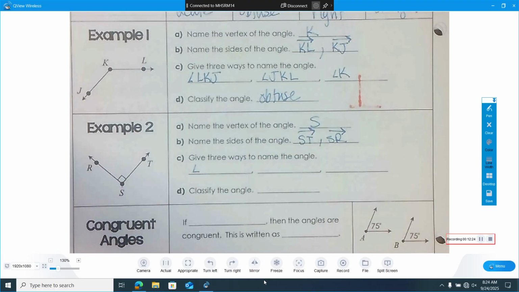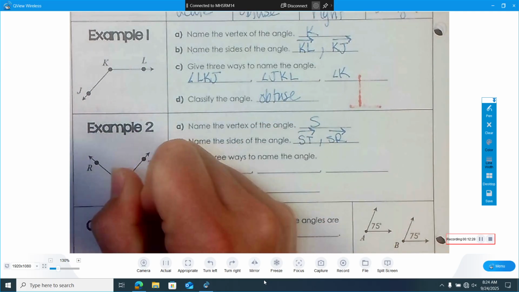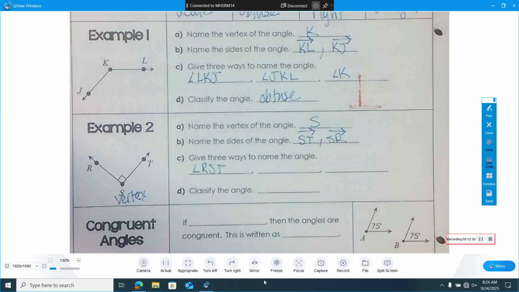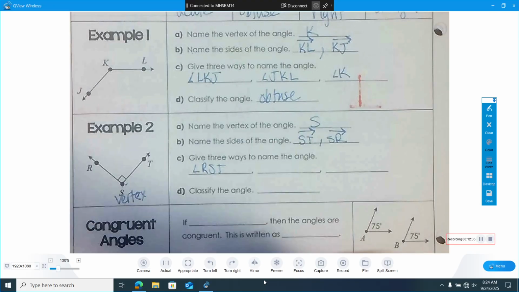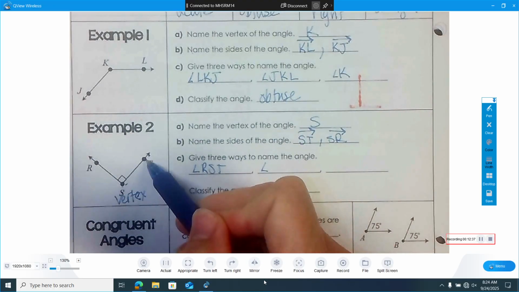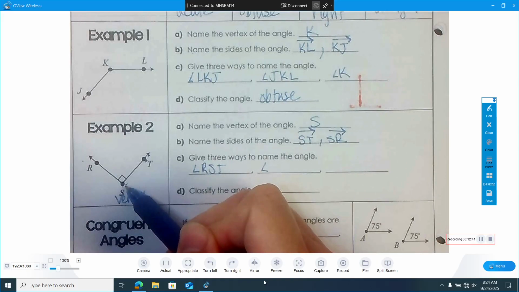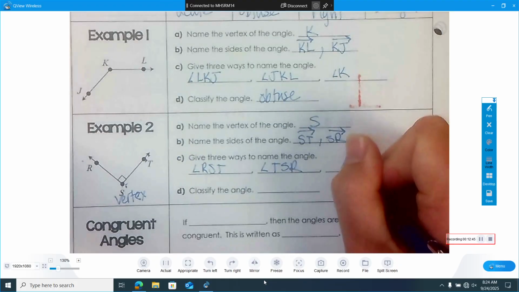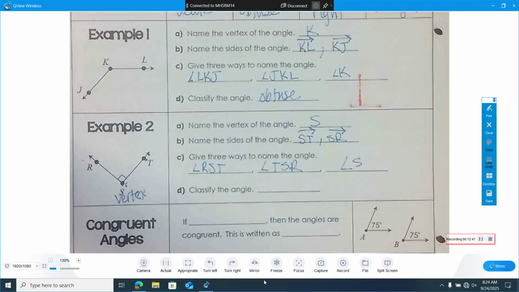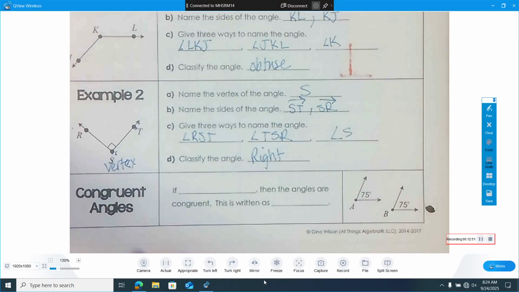No. RST. The vertex must be in the middle. RST. Or angle TSR. The vertex must be in the middle. TSR. And what's the third way? Angle S. Classify this angle. Right. Very good. It is a right angle.